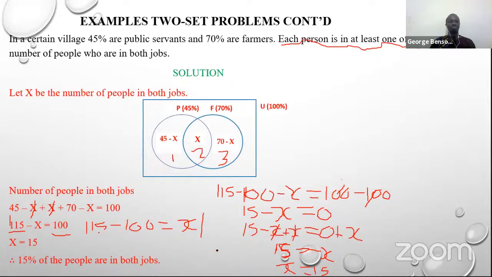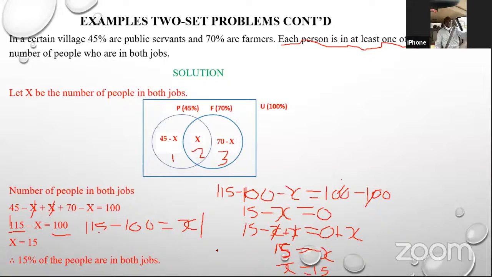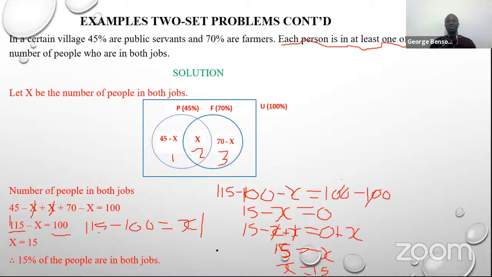So, Papa, let me ask this question. You used X to represent the number of people in both jobs. Yes, that represents the number of people in both jobs. You can choose any variable you like. That's what I mean. Yes.